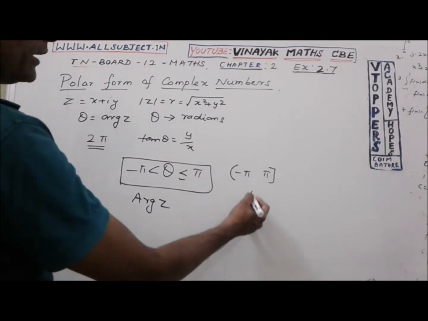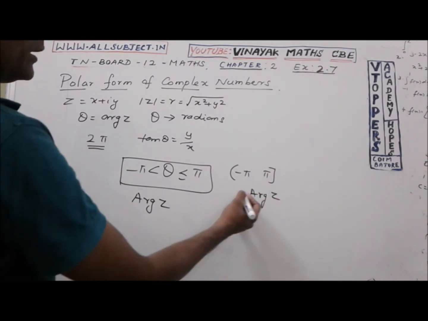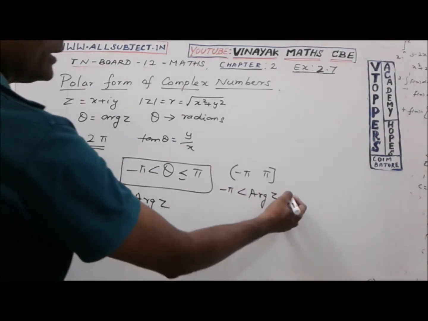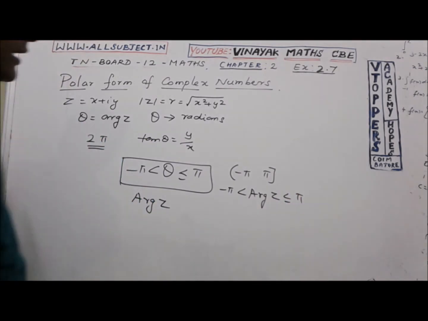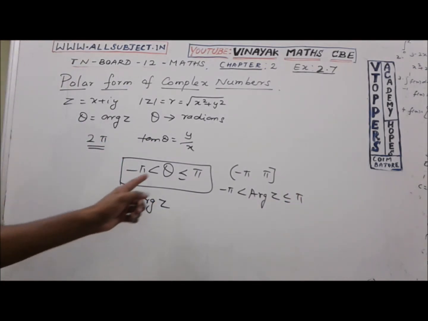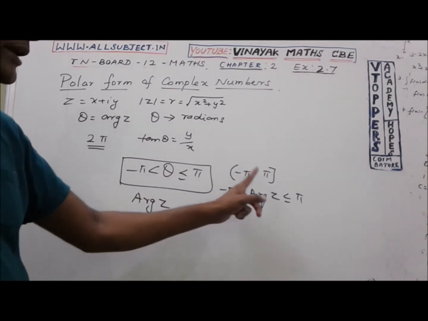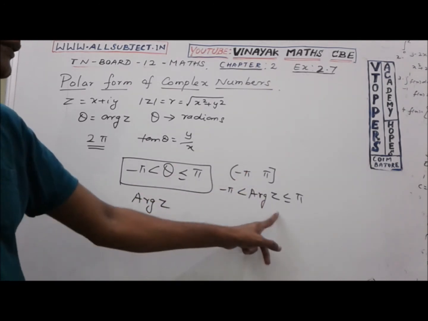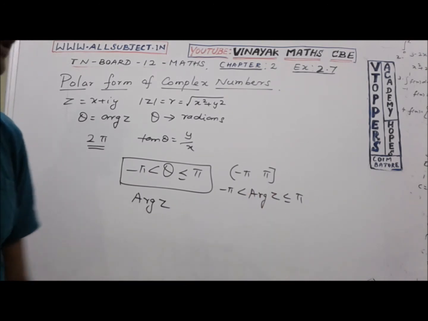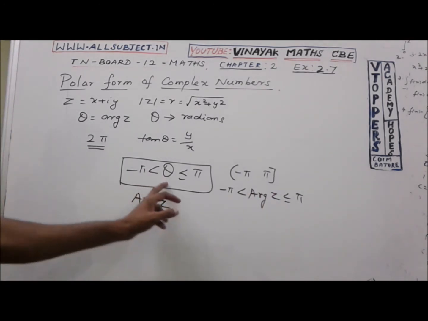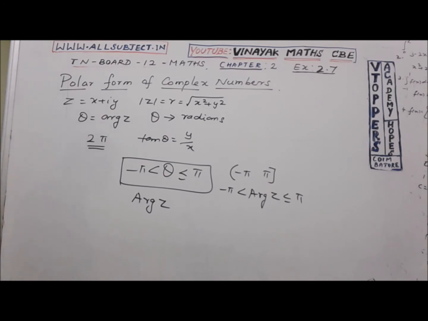So Arg z is greater than minus pi and less than or equal to plus pi. There are three ways we can represent it: theta greater than minus pi and less than or equal to plus pi, or the interval open minus pi, closed plus pi, or Arg z greater than minus pi and less than or equal to plus pi. This is known as the principal value of theta.